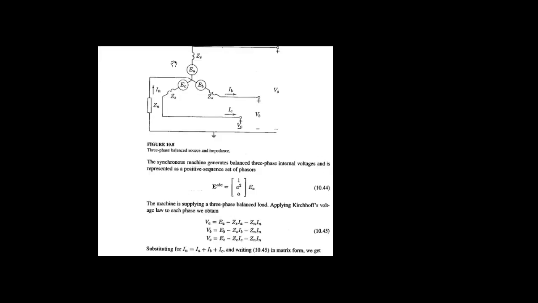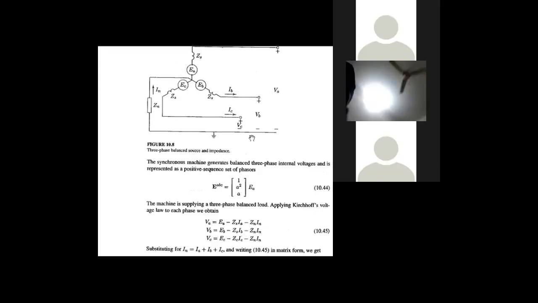Then if we want to write the KVL equation for the terminal voltage of the first phase VA, can we write that terminal voltage VA? Yes, sir. Applying the KVL concept, what will be VA, the terminal voltage?